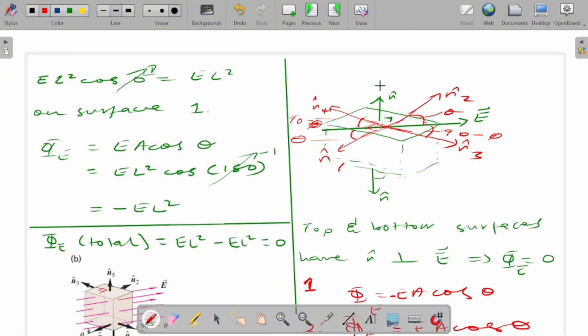But in terms of the electric flux, it doesn't make sense for the electric flux to be negative when both angles are in the same direction. I think that's the only issue here. The electric field and the area vector are in the same direction, so it can't be negative. It has to be positive. It's negative if the electric field is moving in the opposite direction to our area.